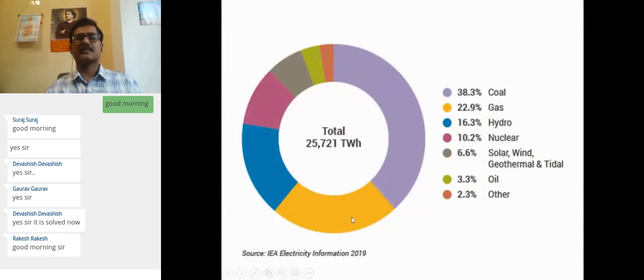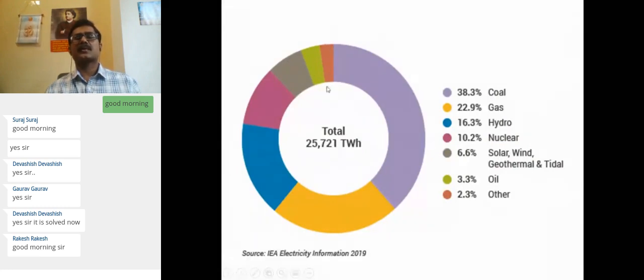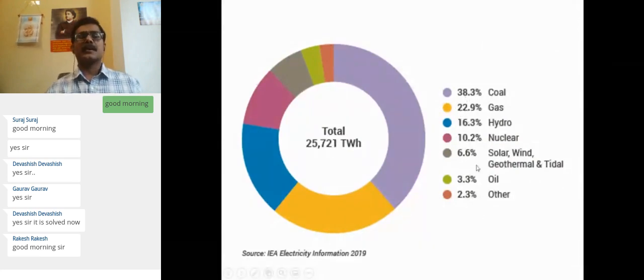23% for gas, hydro in this blue color 16.3%, nuclear 10.2%, then the renewable forms, solar, wind, geothermal and tidal, a very small percentage, around 6%, oil around 3.3%, and the other forms of energy 2.3%, thus accounting to nearly 100%. The total energy produced across the globe is 25,721 terawatt hours.